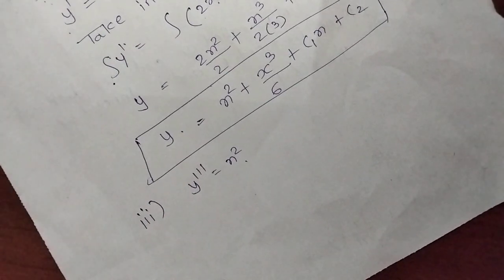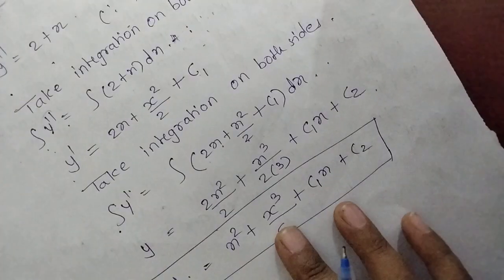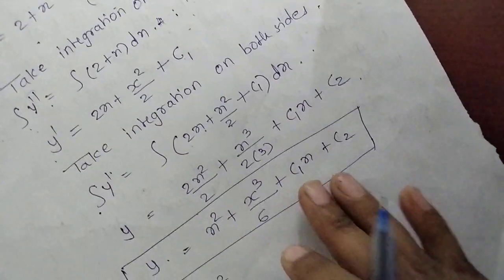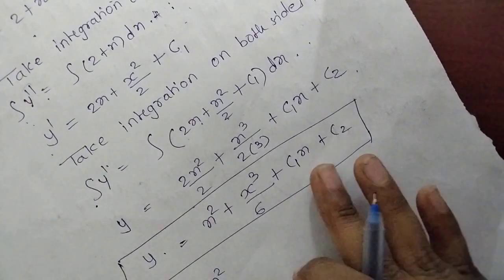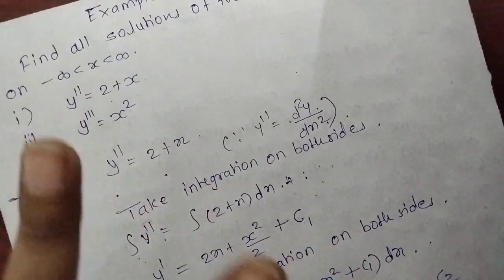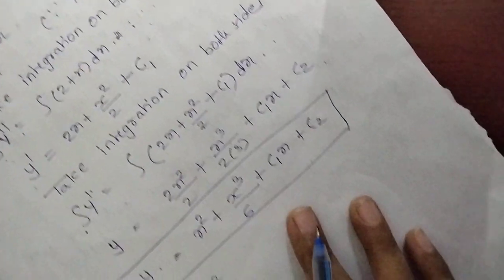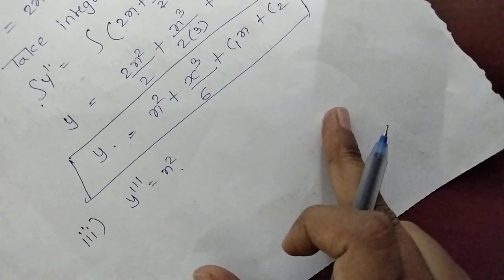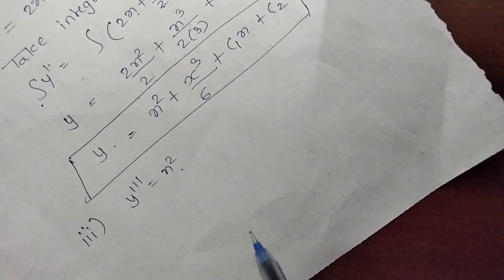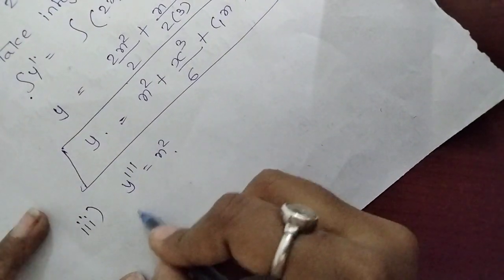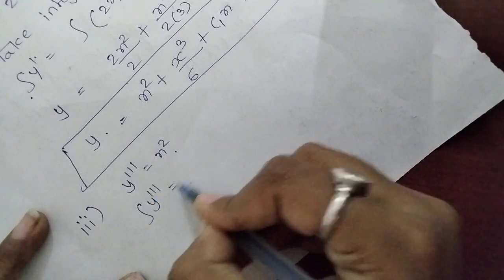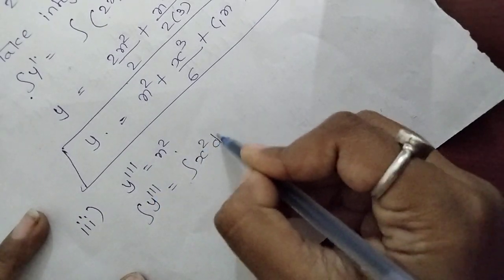Now here we can observe that there are two constants in the solution, because the order of the differential equation is 2, so the solution contains two constants. Now y triple dash is equal to x square. Here we have to take integration 3 times. So integration of y triple dash is equal to integration of x square dx.